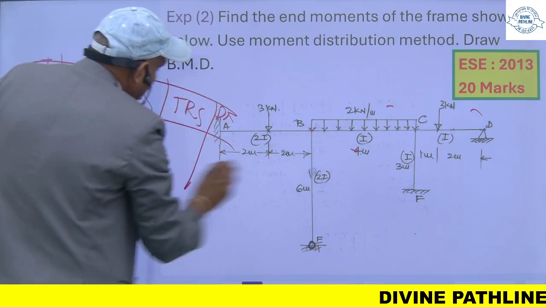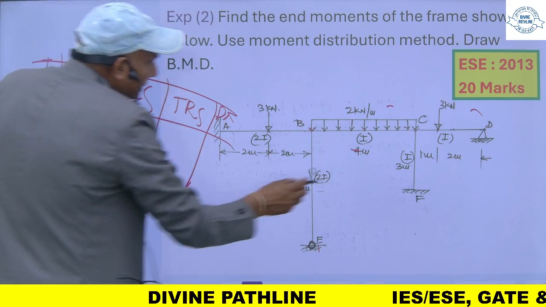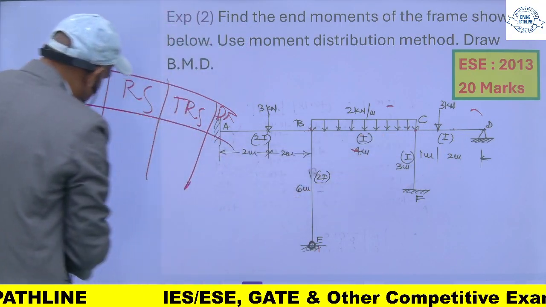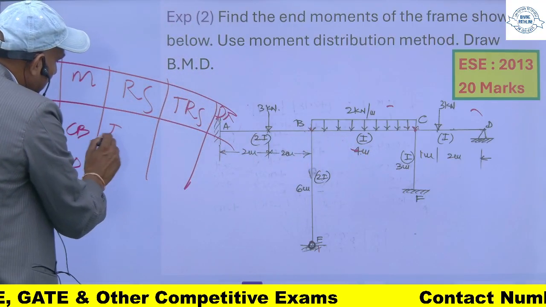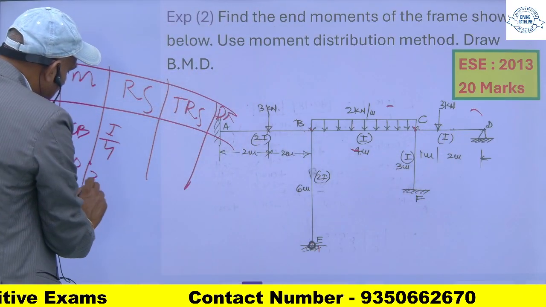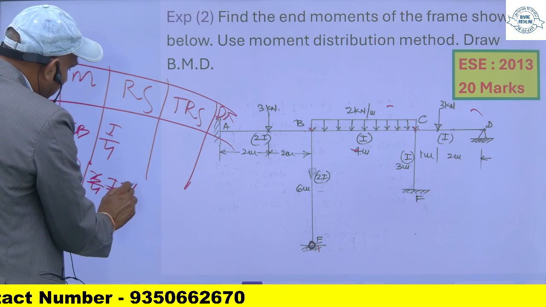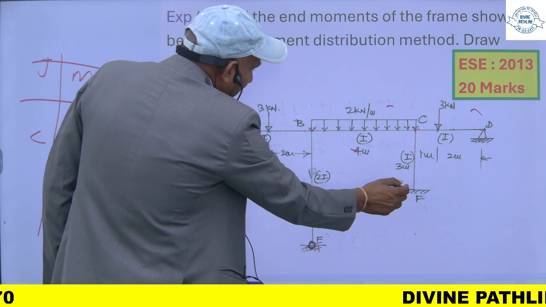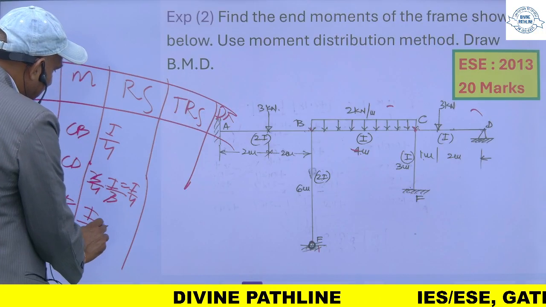For joint C, one member is CB, then CD and CF. The relative stiffness of this will be simply I upon 4, and since this end is hinged, it will be 3 by 4 times I upon L, I upon 3. This is I by 4, and for this member, since this end is fixed, it will be I by 3. So it is I by 3.